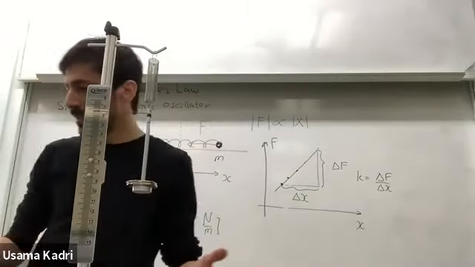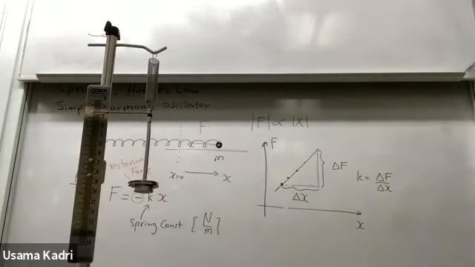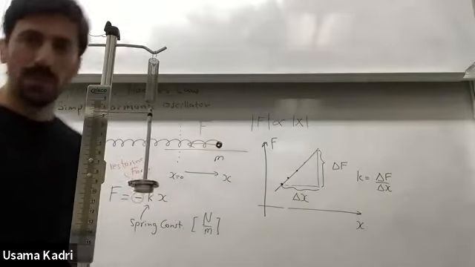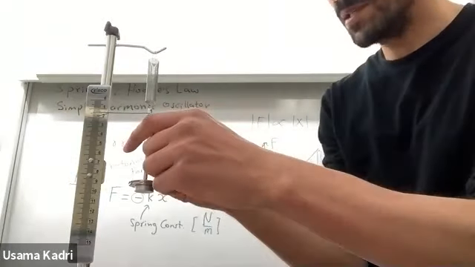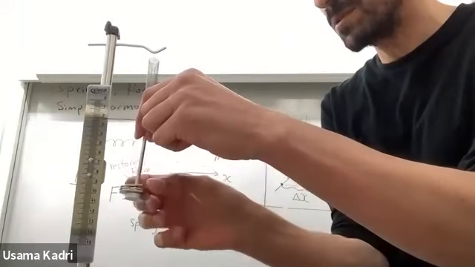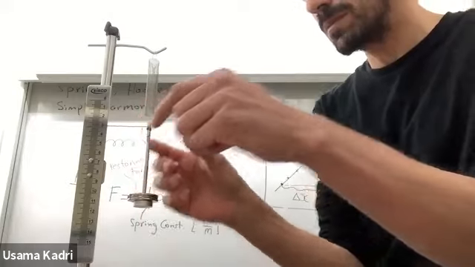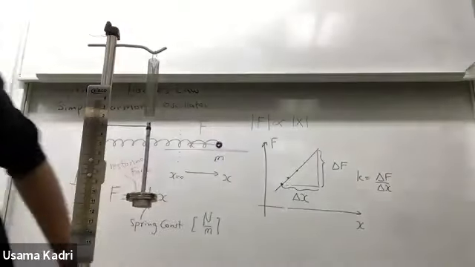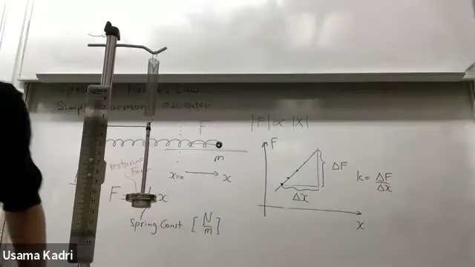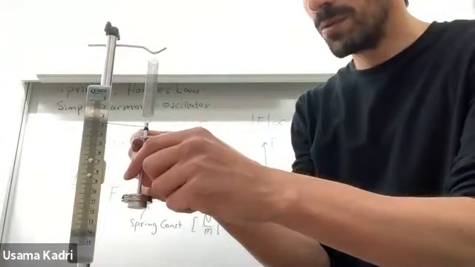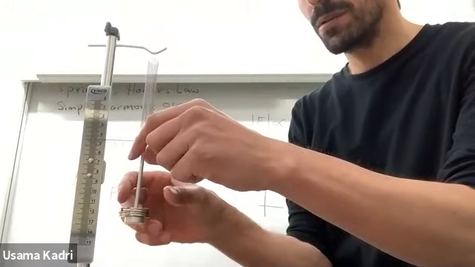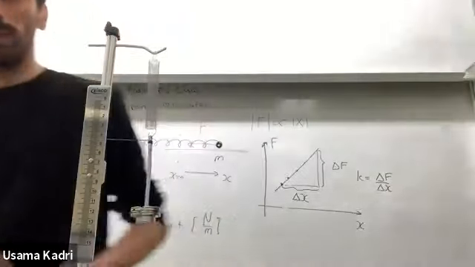If this is following Hooke's law, I can already predict that the next 10 grams that I put should take this to 3. Now let's see, roughly 3, right? And as you can see, it goes to 3. I'm going to put another one. It should go to 4.5. It goes to 4.5, right?